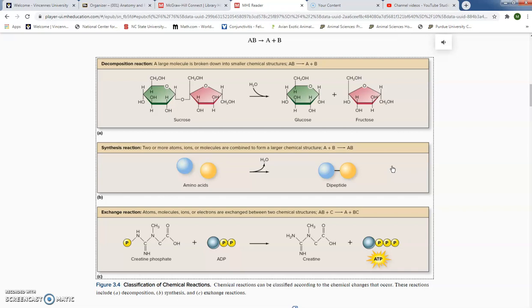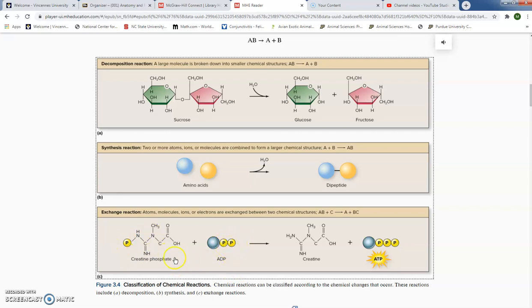All right, and then our third type of chemical reaction, it's kind of like a combination of decomposition and synthesis. They call it an exchange reaction, though, because what happens is one bond is broken and a molecule or an atom, something's released. So that's the decomposition part. And then the part that was released will form a bond with another molecule.